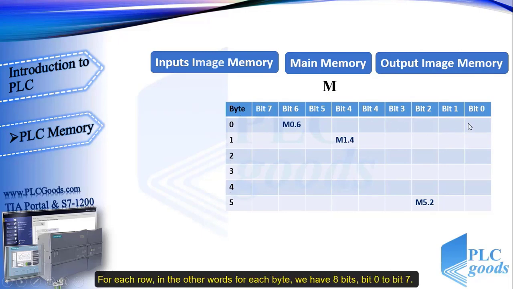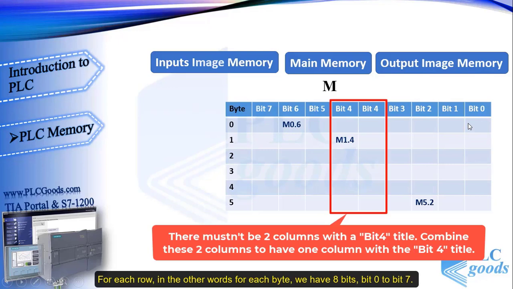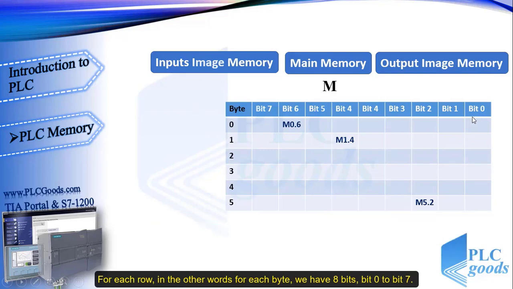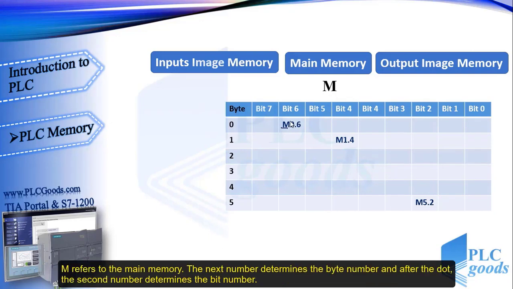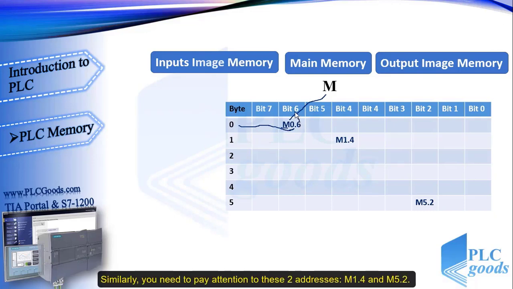In other words, for each byte, we have 8 bits, bit 0 to bit 7. For example, see this location of memory with its address as M0.6. M refers to the main memory. The next number determines the byte number, and after the dot, the second number determines the bit number.